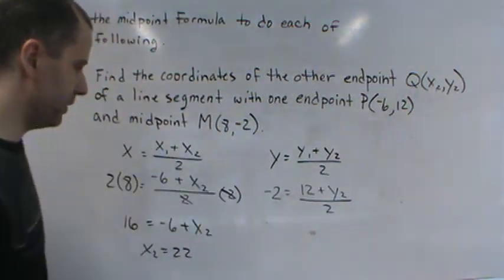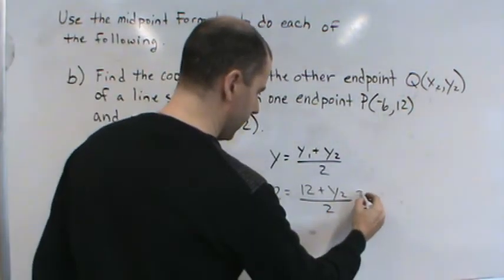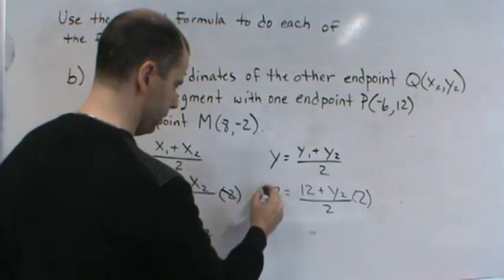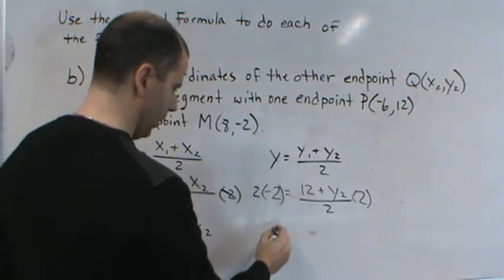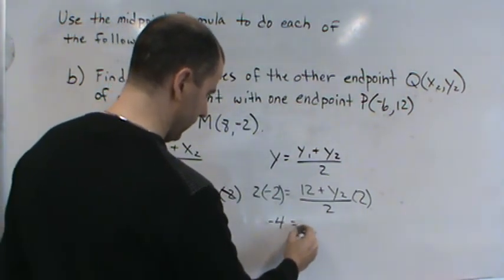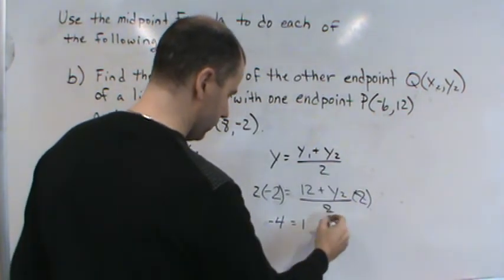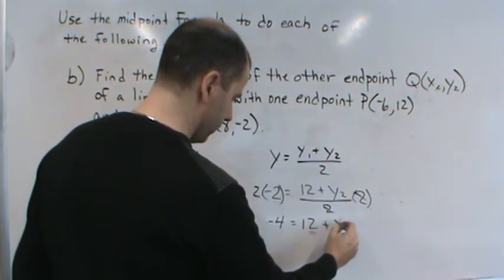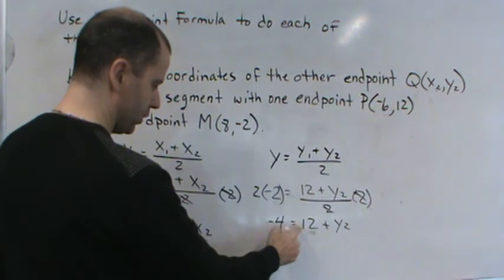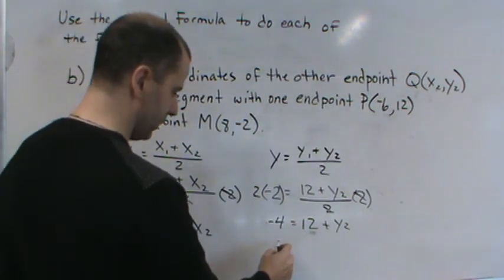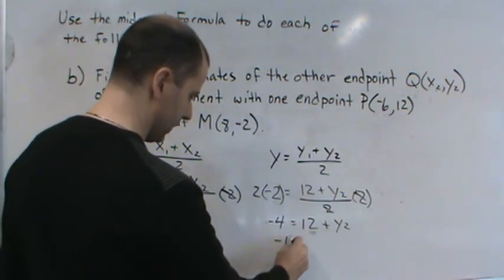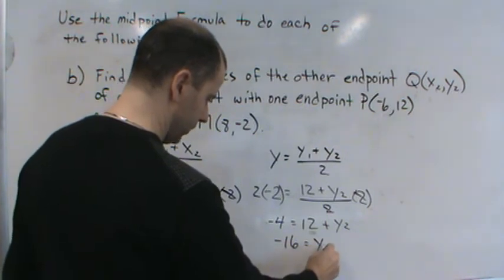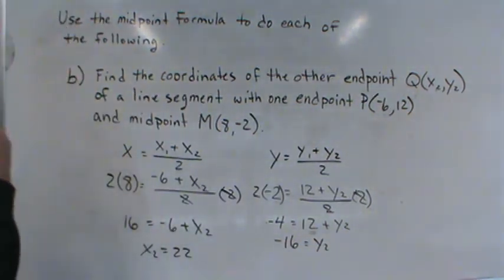And again, we're going to do the same thing. So we're going to multiply both sides by 2, and we get negative 4 equals 12 plus y2. And if we subtract 12 from both sides, we get negative 16. So we get negative 16 equals y2, or y2 is equal to negative 16.